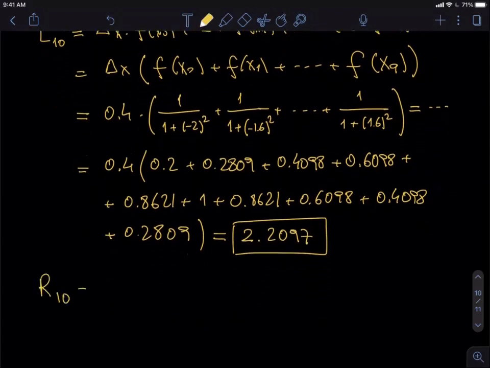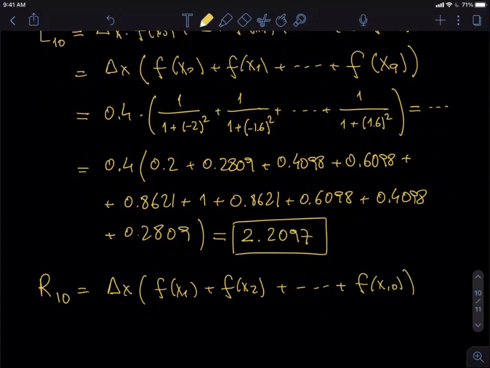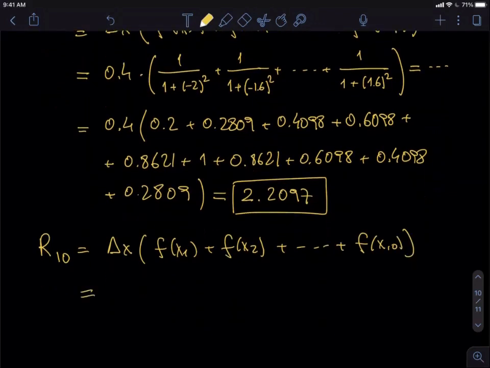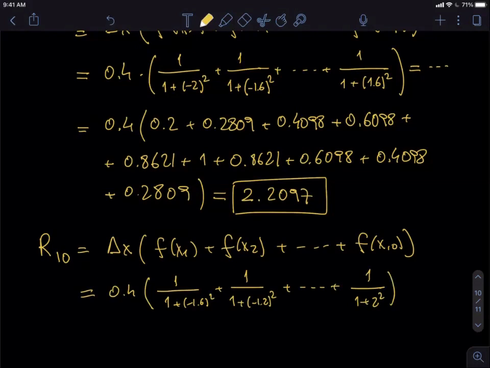Okay. And we can also do the right endpoint sum, which is delta x times, here we start f of x1 plus f of x2 all the way to f of x10. And that means 0.4 times 1 divided by 1 plus negative 1.6 squared plus 1 divided by 1 plus negative 1.2 squared plus 1 divided by 1 plus 2 squared.